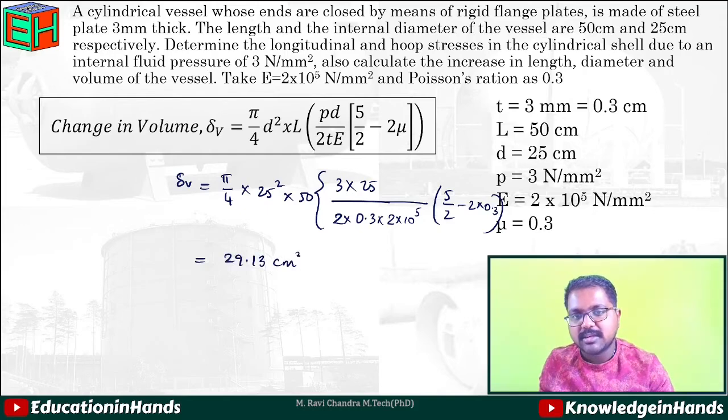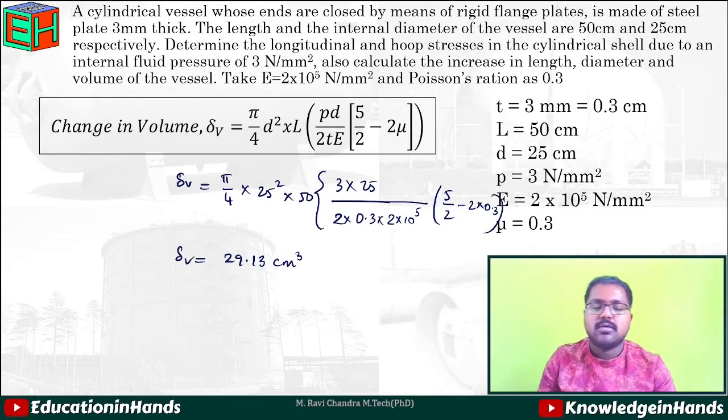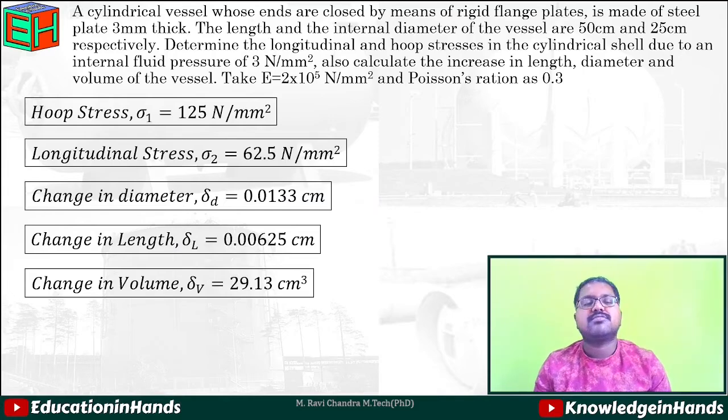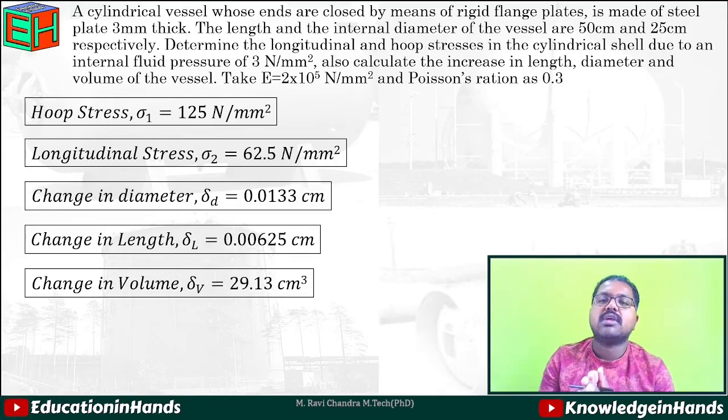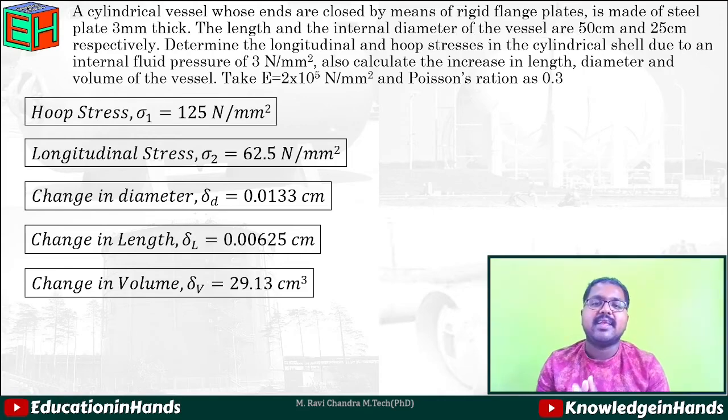29.13 centimeter cube. So if we see the total solution answers, first we got hoop stress sigma 1 as 125 Newton per mm square, longitudinal stress sigma 2 equal to 62.5 Newton per mm square, change in diameter delta D equal to 0.0133 centimeters, change in length delta L equal to 0.00625 centimeters, and change in volume delta V equal to 29.13 centimeter cube.